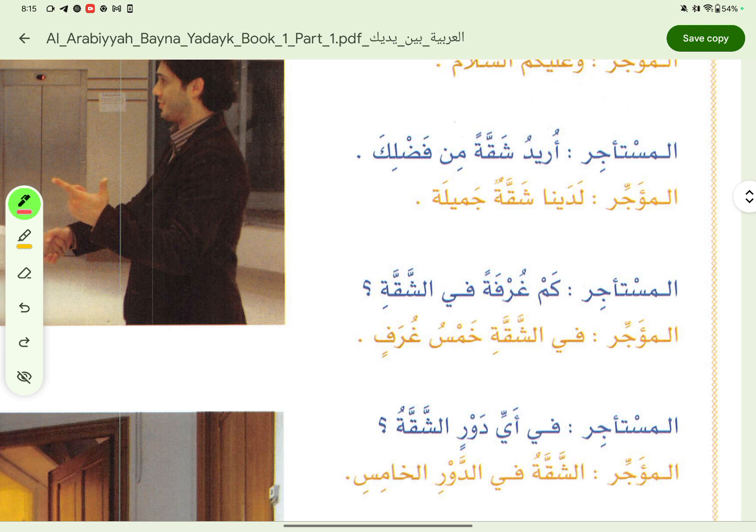In the apartment, notice alif lam has come here. Why? Because now we're speaking about something specific. Before, he was asking for an apartment. Can I get an apartment? Then he goes on to say, okay, we have a beautiful apartment, and then he starts speaking about the apartment in particular, and then they start using alif lam.